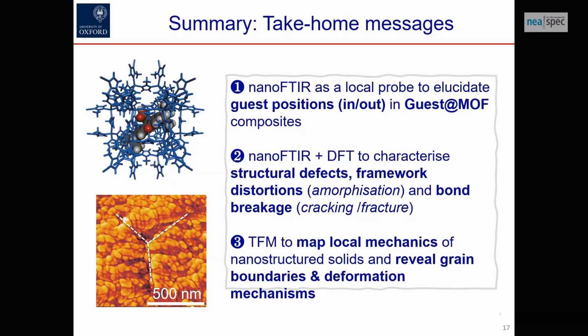Take-home messages, three bullet points, first of which is nanoFTIR. We can now really probe locally to look at things at the single crystal level, looking at gas positions in this exemplar, whether it is inside or outside. That really matters for the materials which we claim as a composite. Now, nanoFTIR and DFT, so experiments and theory combined, is extremely powerful.